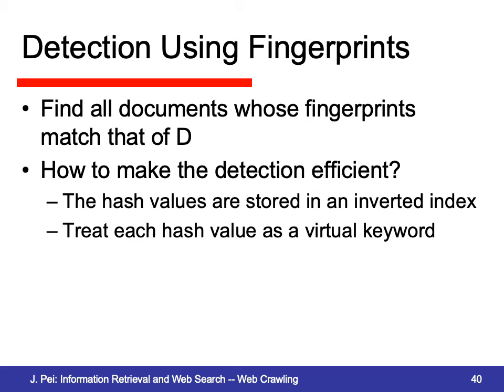In such a way, we can treat each hash value as a virtual keyword. And then, for document D, we get its fingerprint, we search the inverted index and get the intersection so that we can identify the documents having the same fingerprints as D.